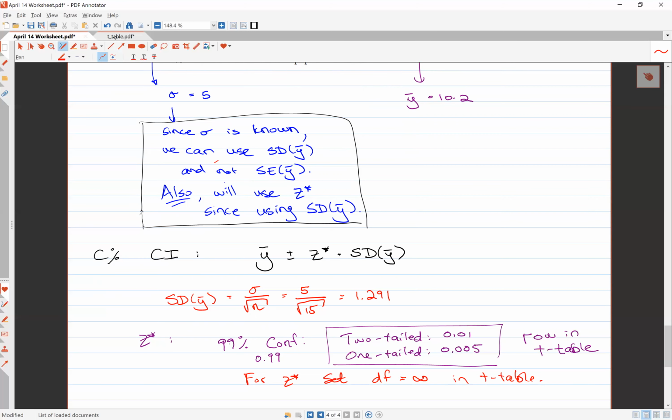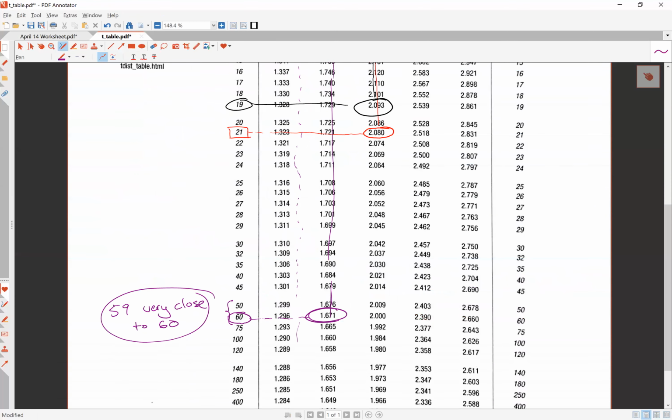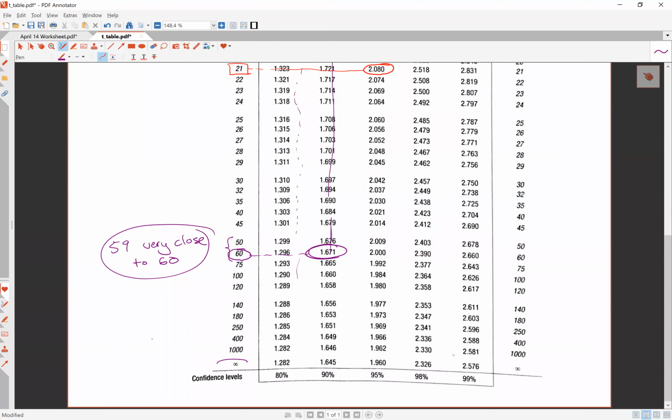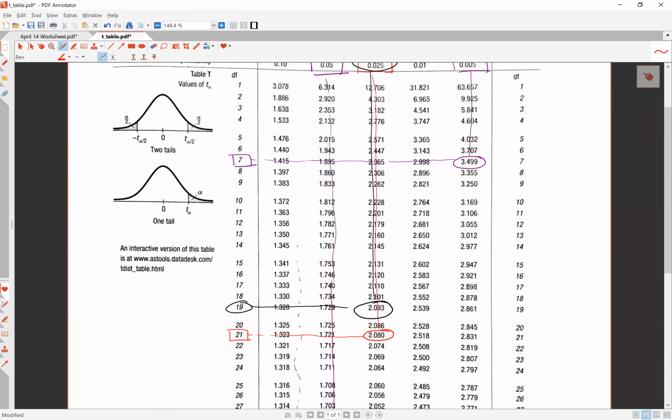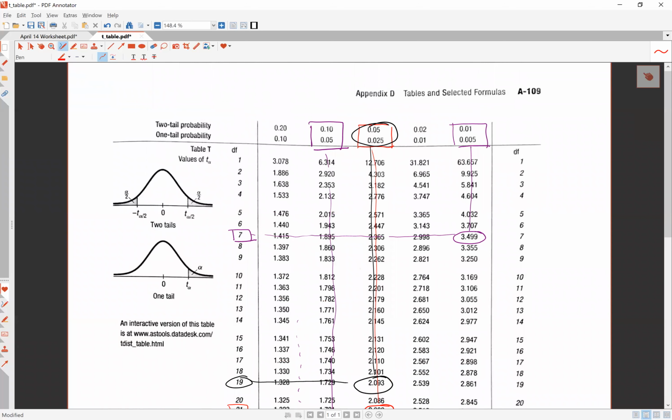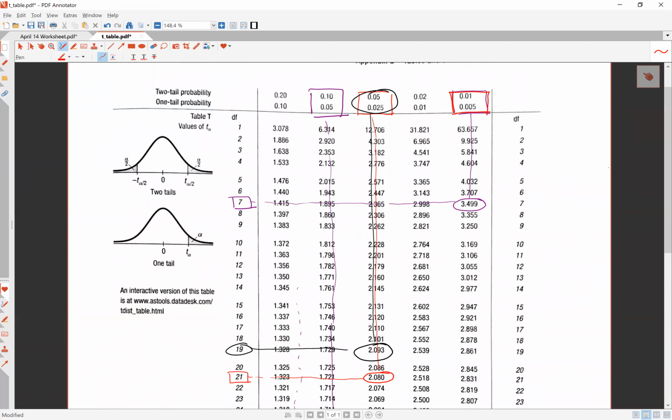So let's flip over to this table, and if you scroll down far enough, you will see that option is in there. It actually goes all the way to degrees of freedom equal to infinity. So we need to use, in this case, infinity as degrees of freedom, and again, this column with 0.01 and 0.005.